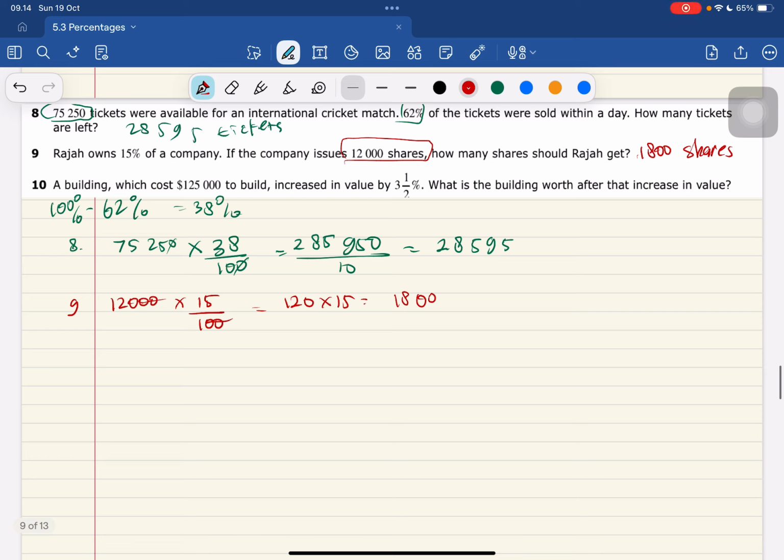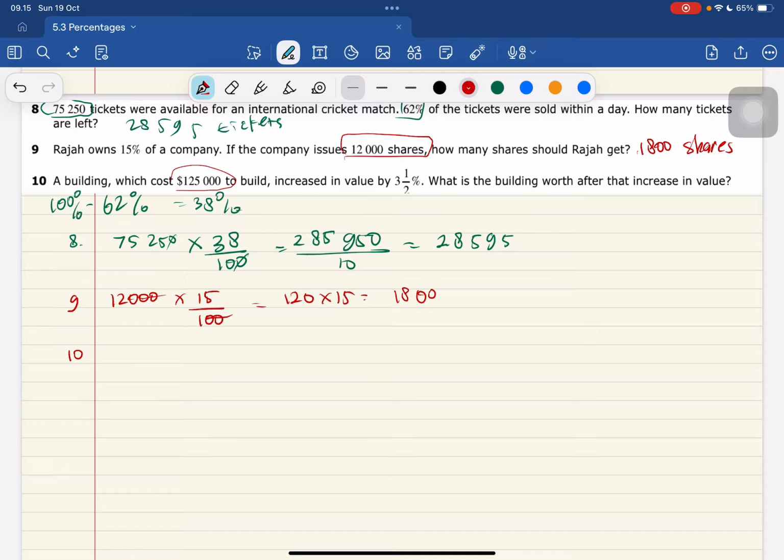Next, number 10, a building which costs $125,000 increases in value by 3.5%. What is the building worth after the increase? So if the increase, 100% plus 3.5%, the value is going to be 103.5%. So let's count it.